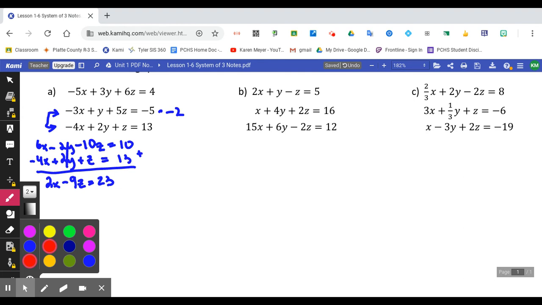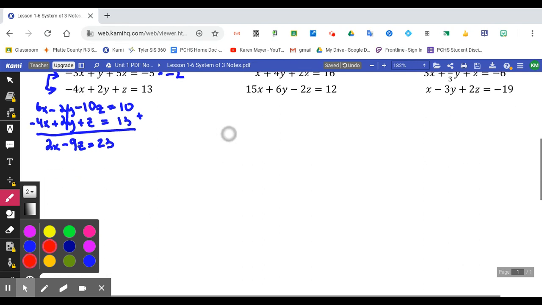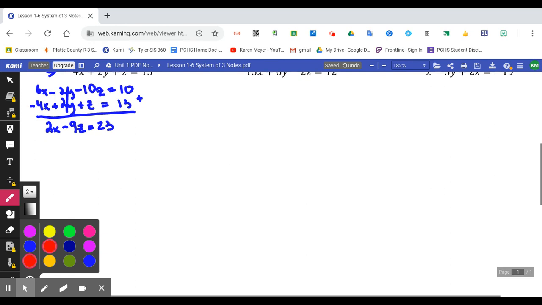So this time I'm going to pick the top one and the middle one. And if I pick the top one and the middle one, this time I have to multiply the middle one by -3. So then I will come up with, leave the top one the same, negative 5x plus 3y plus 6z equals 4.